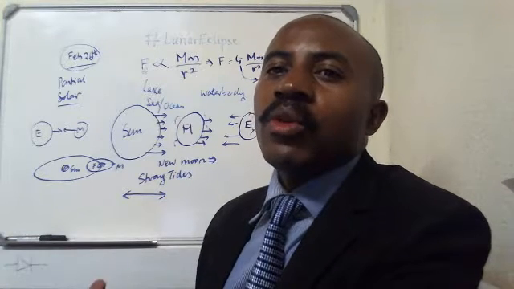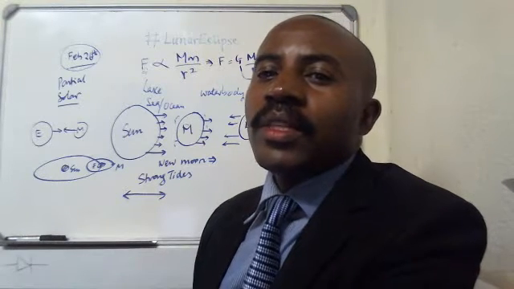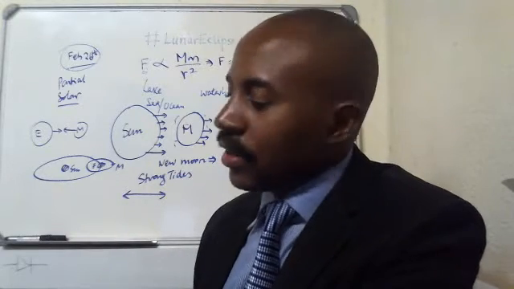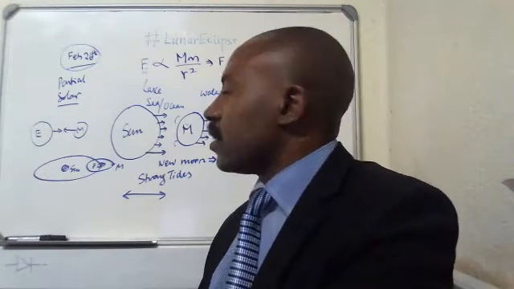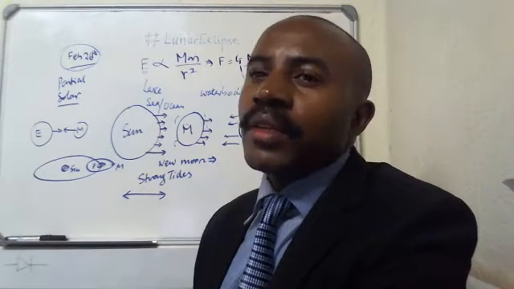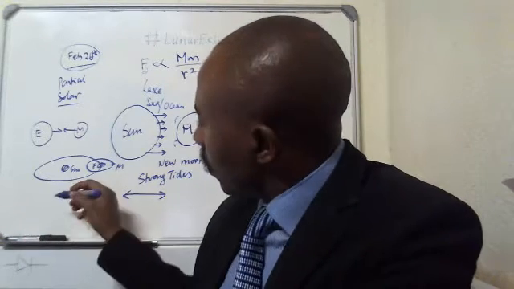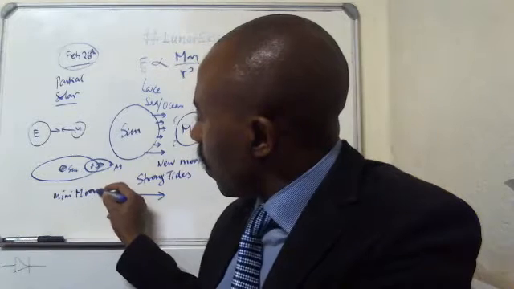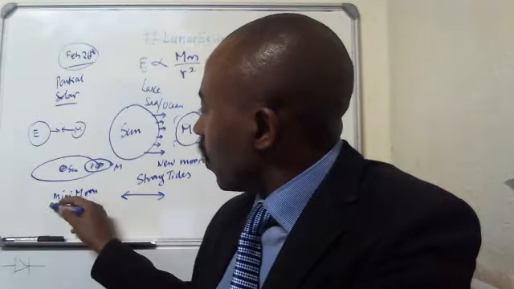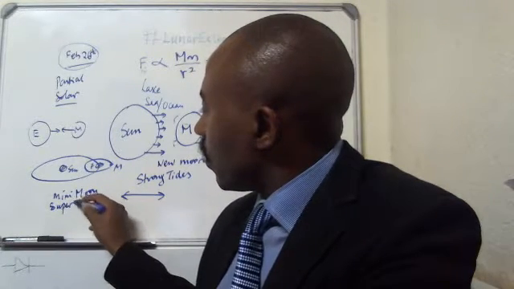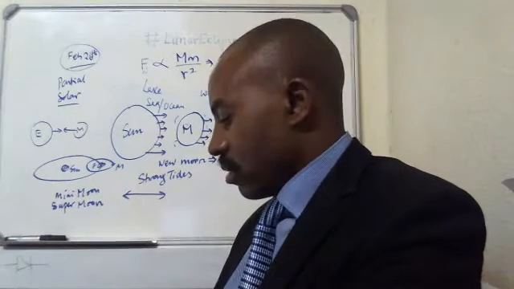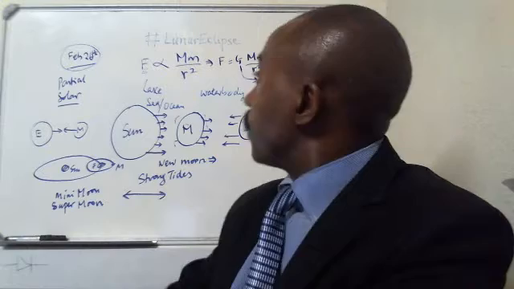If the moon is at the apogee, we find that it appears smaller, and we call it a mini moon. So there is what we call a mini moon and what we call a super moon, which is larger than the rest.